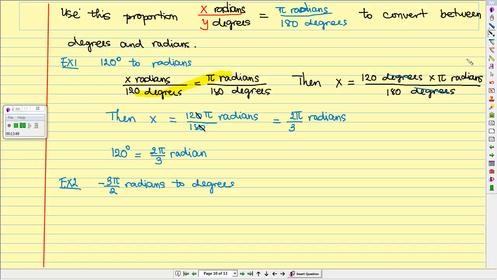So again, using the proportion that we just showed you, we have x radians over y degrees equals pi radians over 180 degrees.